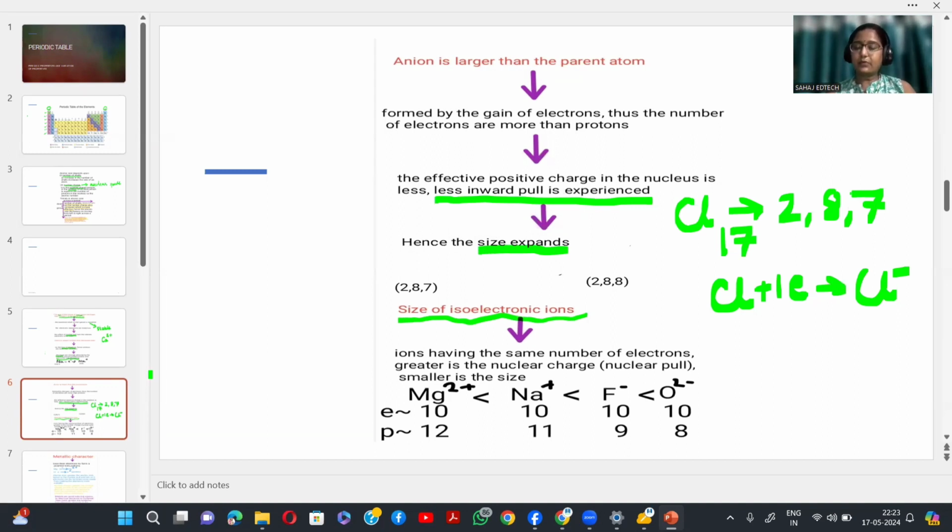But protons differ, right? Since they have the same number of electrons, the greater the nuclear charge, the smaller is the size. Whose nuclear charge is the greatest? Magnesium, because it has 12 protons. So the electrons are more attracted towards the nucleus. So magnesium ion has the smallest size.